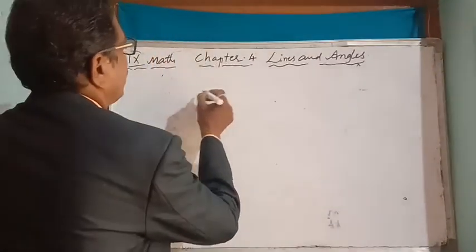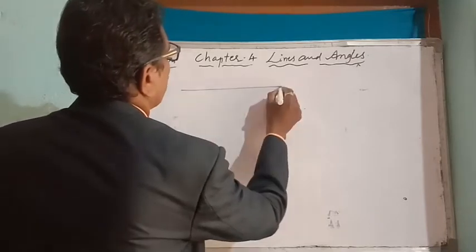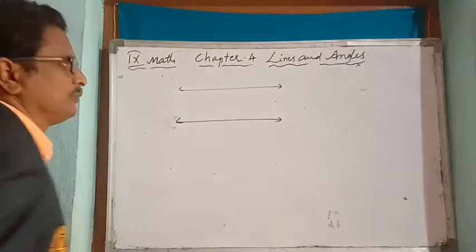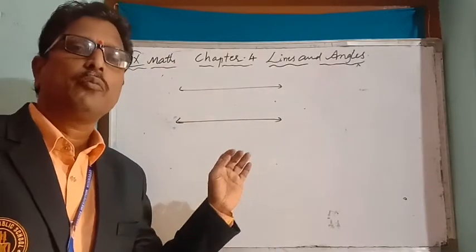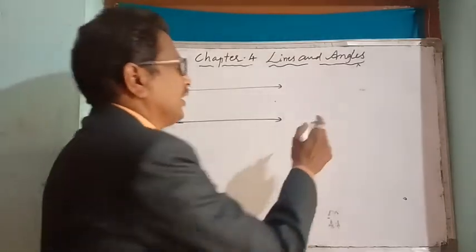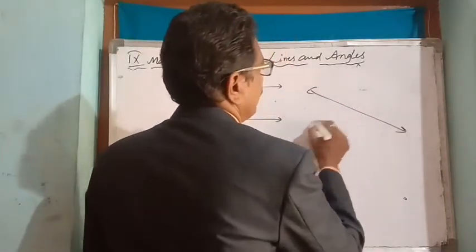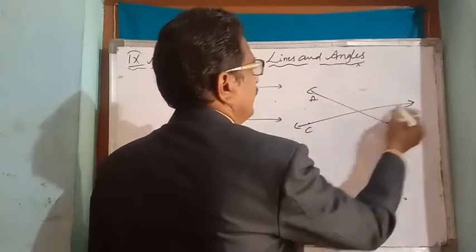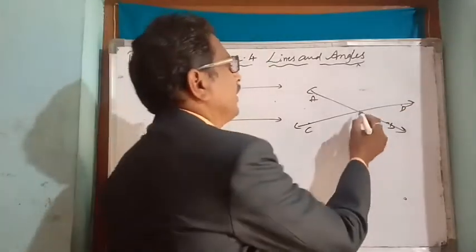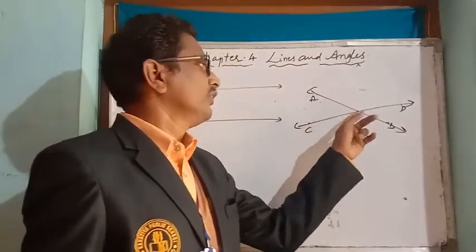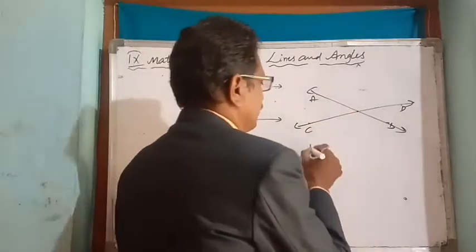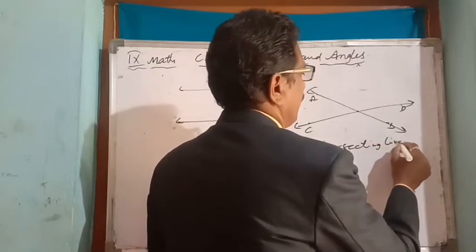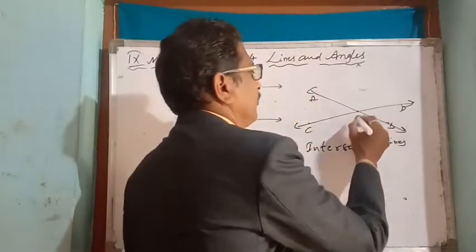Now, when we draw two lines, they may be intersecting or not. Two lines having a common point are called intersecting lines. See, this is one line, and this is another line, A, B, C, D. These two lines have a common point, so they are intersecting lines.